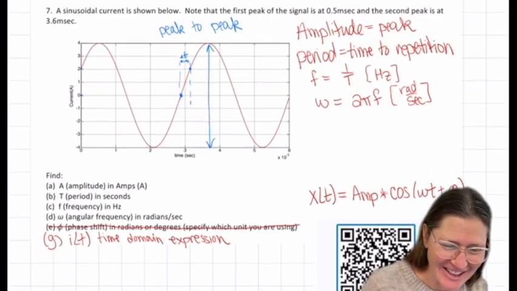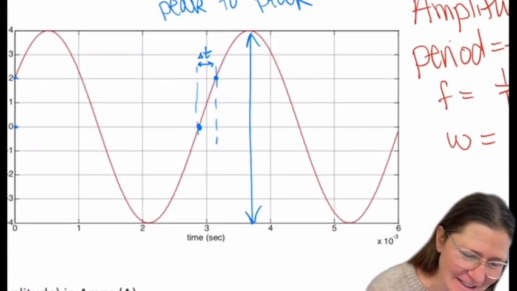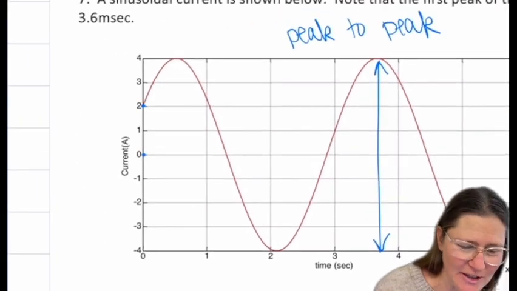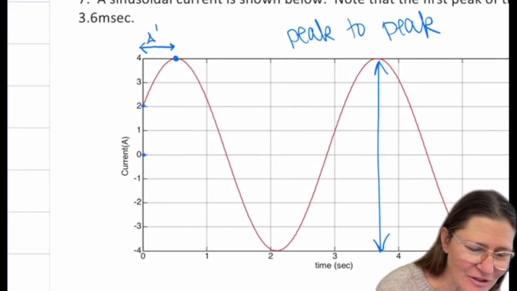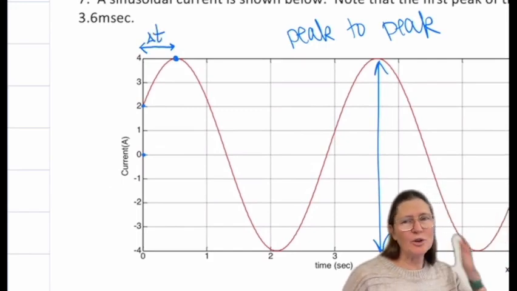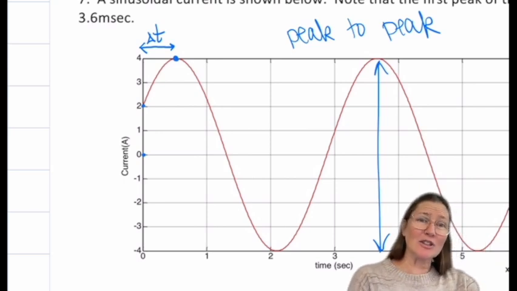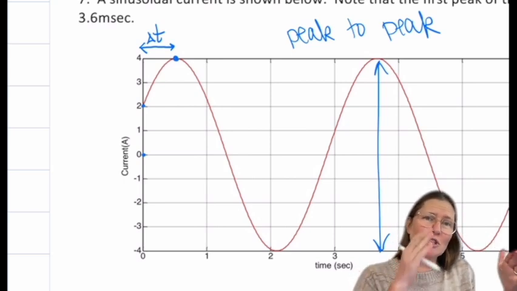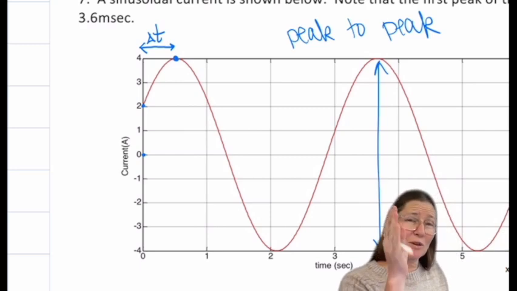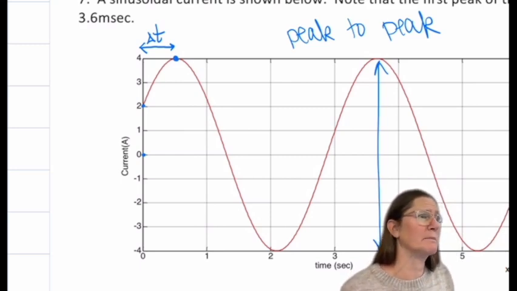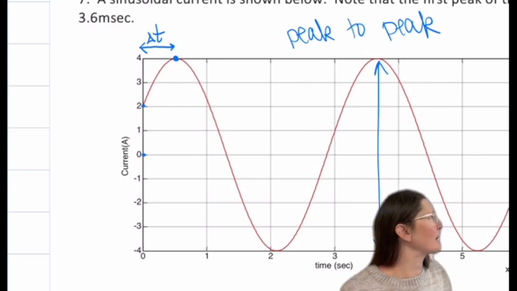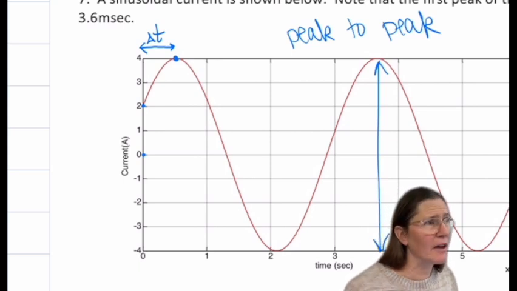Let me go back to this one. That's why that wasn't making much sense. So there's your shift of delta t, between here and here. If it's not 90 degrees and you're wondering what it is, you measure from 0 to the first peak of 1 for the cosine, and that shift is what you use for delta t.